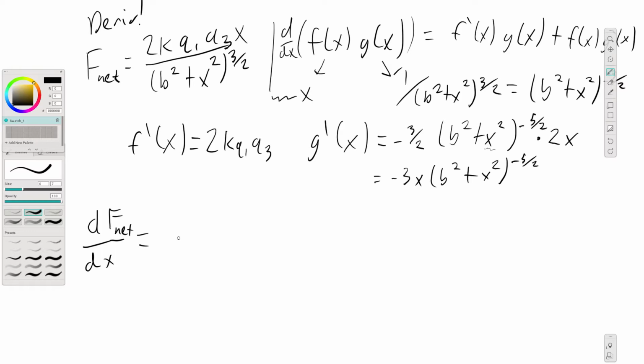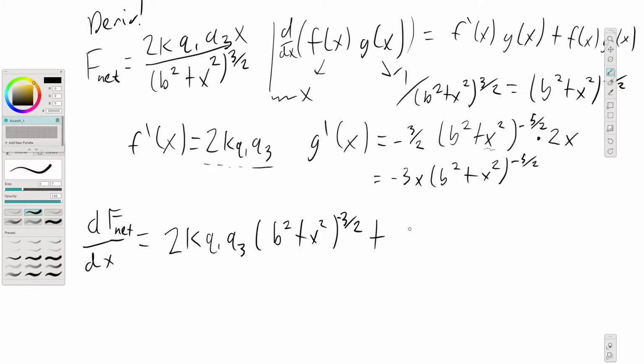Questions unanswerable by physics. So I'm going to combine this nice quotient rule instead. I have my f prime of x, which is this, 2 times k times q1, q3. Then my g of x, which is just b squared plus x squared all to the 3/2, negative.